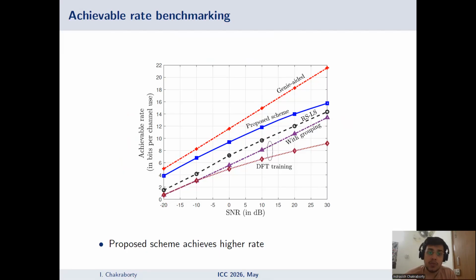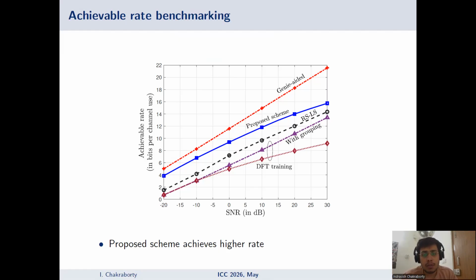For the with-grouping case, for each SNR we take a bunch of group sizes, and the group size that gives you the maximum rate is chosen to be the optimal one, and we use that to plot these figures.